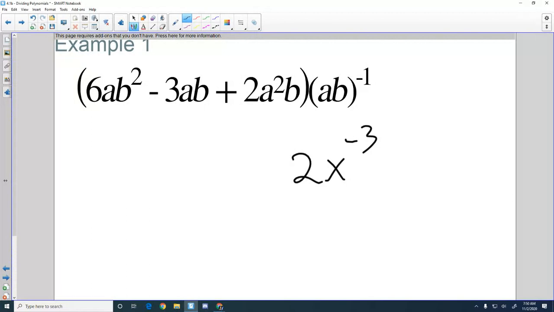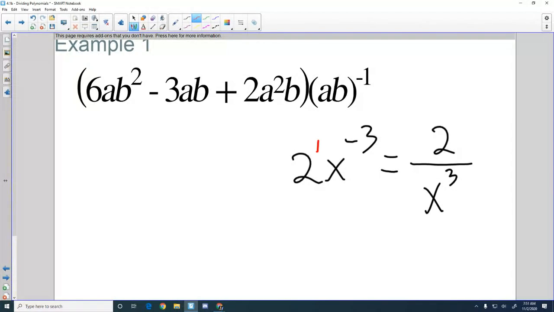How do I get rid of that negative in front of the exponent? I saw someone gesturing like, flip it down. And yeah, essentially, you just move that base, which is the x, and its exponent, which is that negative 3, down to the bottom, and then you make it a positive exponent. Now the 2 gets to stay up top, because technically that's 2 to the 1st power. It's got a positive exponent. So those negative exponents flip to the other side of the fraction.